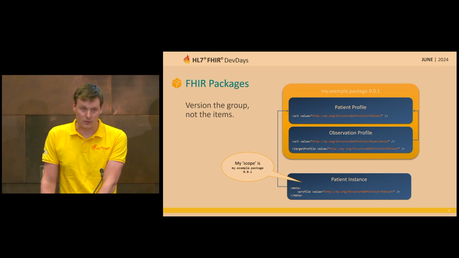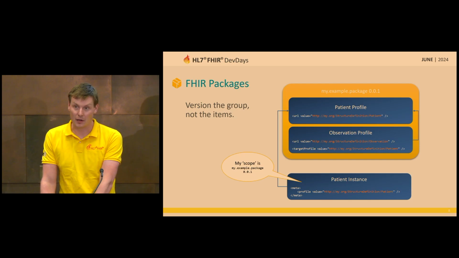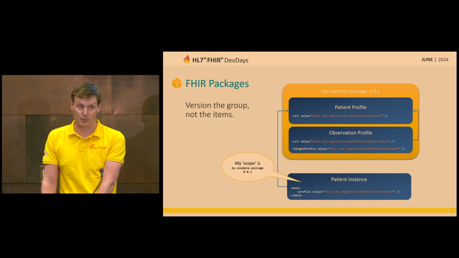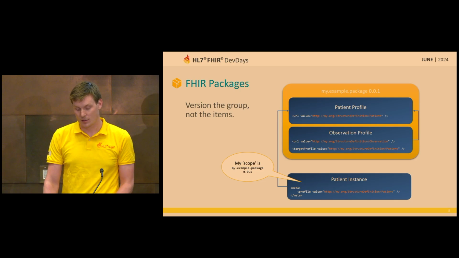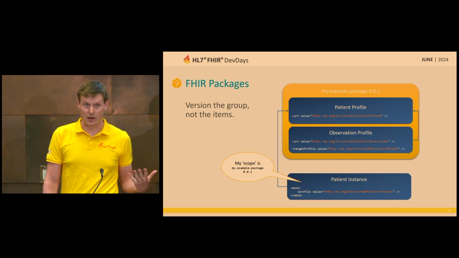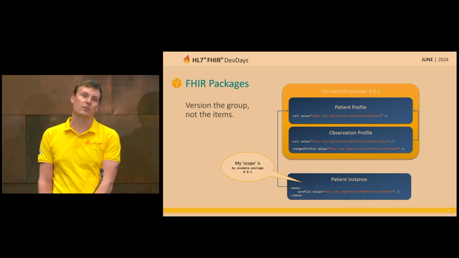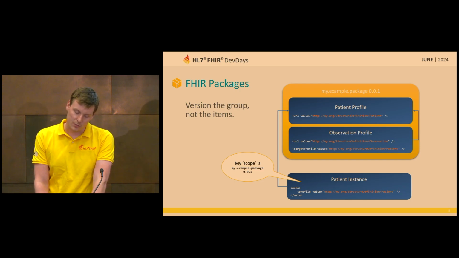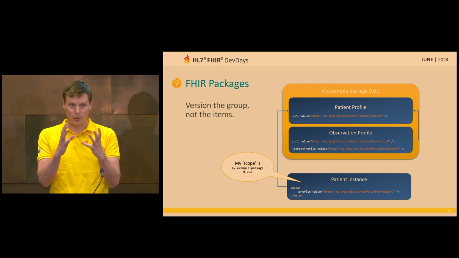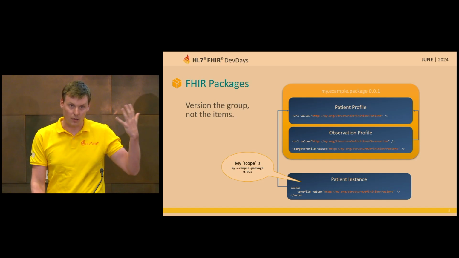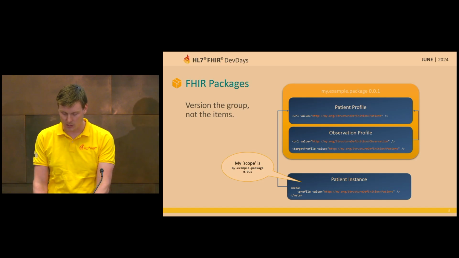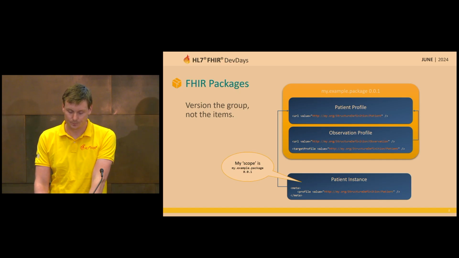So that solves a lot of hassle, both for implementers and specification writers, because as an implementer, you don't have to look for where am I going to get my artifacts that I'm actually conforming to. And for a specification writer, you just can bundle everything together. You don't have to update everything if you make one single change. Just up the package version and you'll be fine.